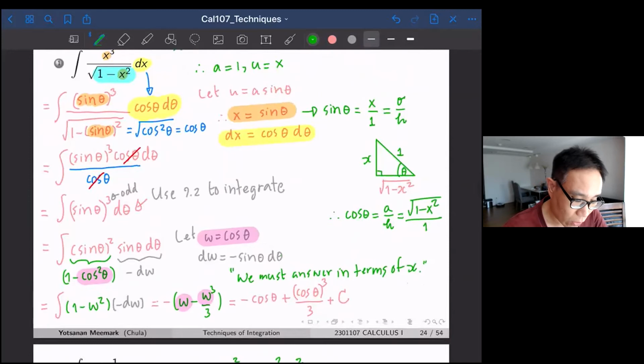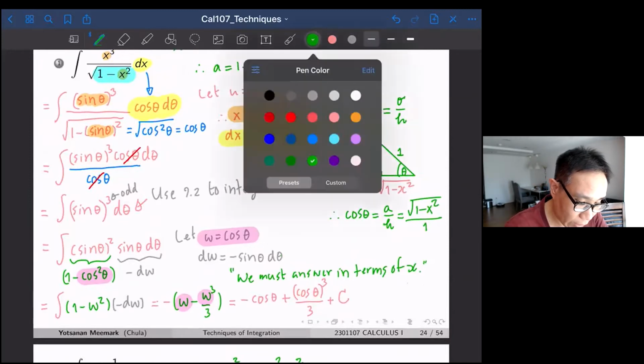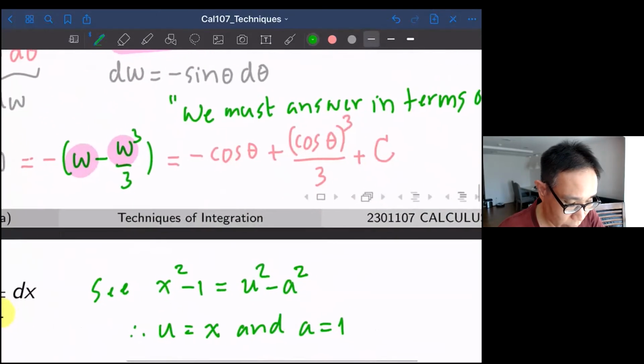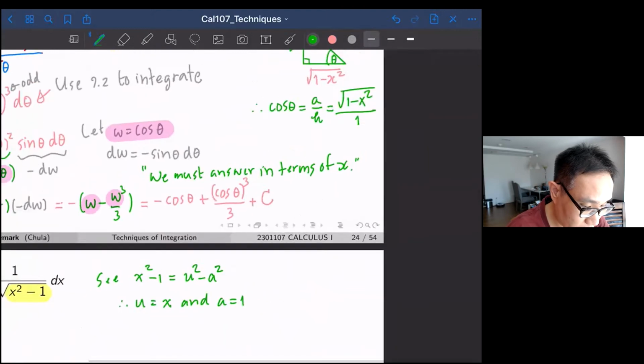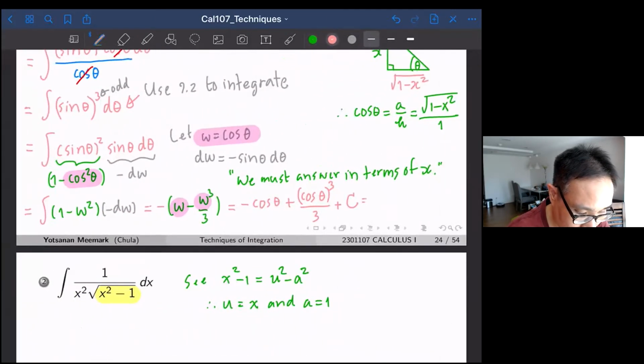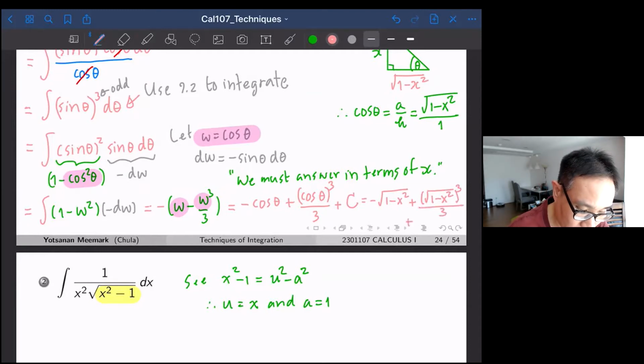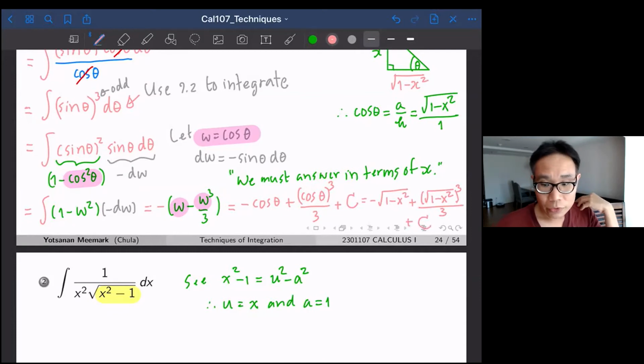So your final answer in this case turned out to be the square root of 1 minus x squared to the third over 3, plus C. This is how we have the final answer in terms of x.